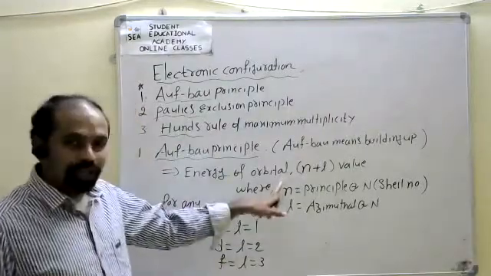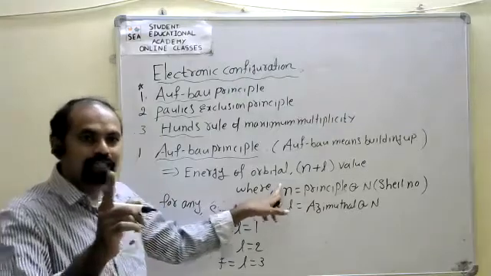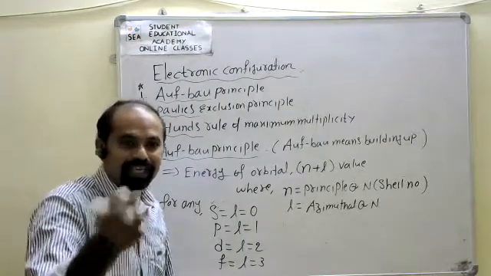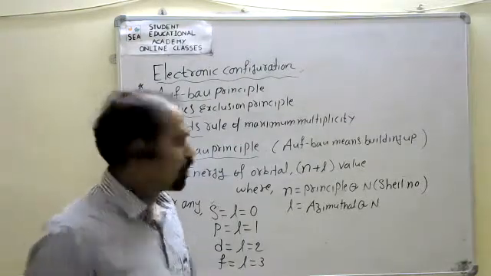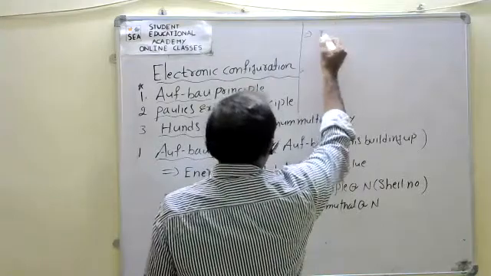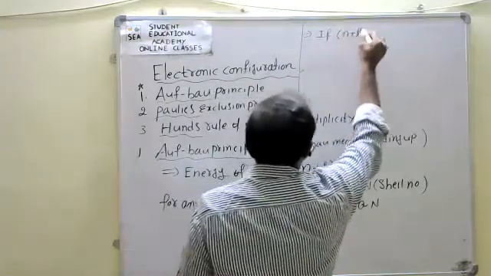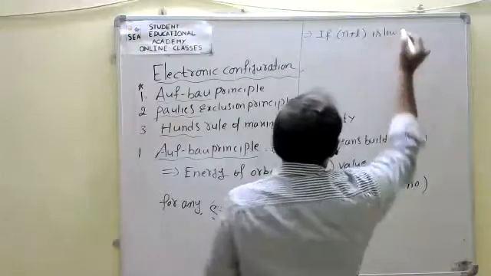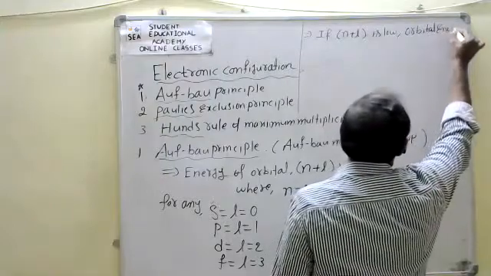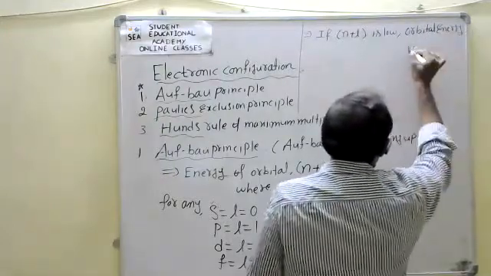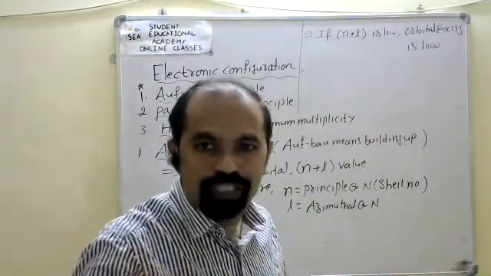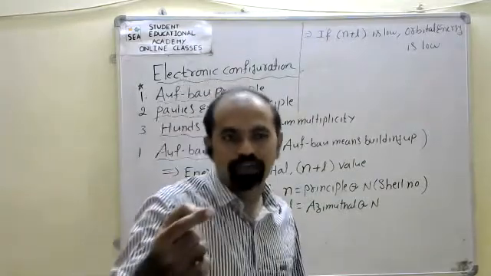If the n plus l value is low, the orbital energy is also low.